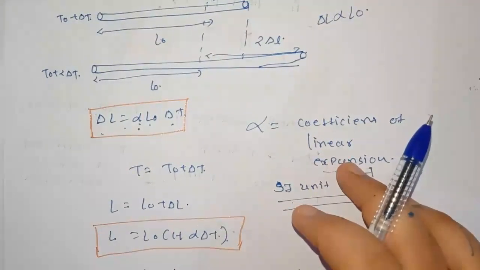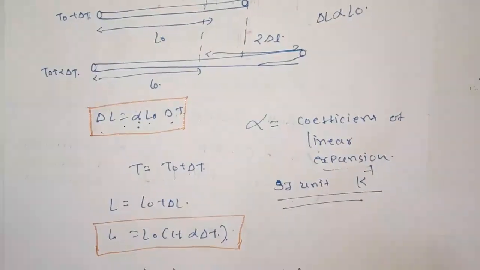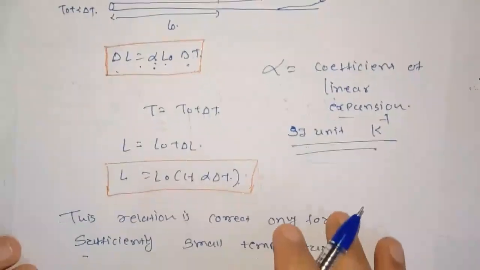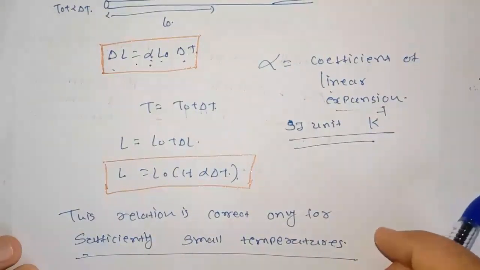It is approximately correct for sufficiently small temperature changes. For a given material, alpha varies somewhat with the initial temperature T0 and the size of the temperature interval. But here we will ignore this complication. We will always take the average value of alpha and we will take it as a constant.